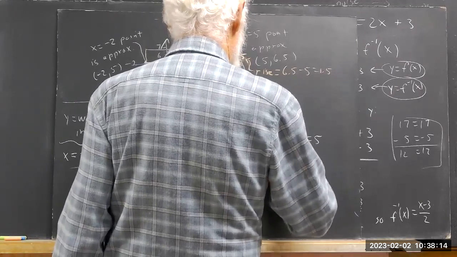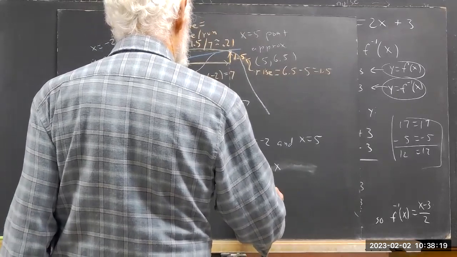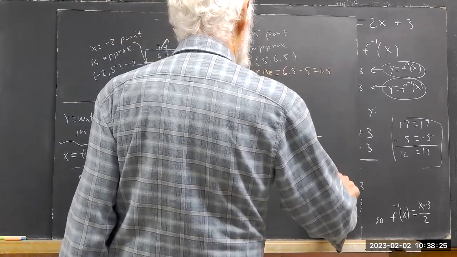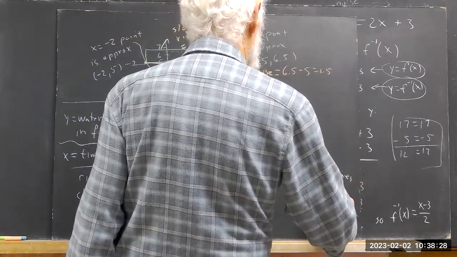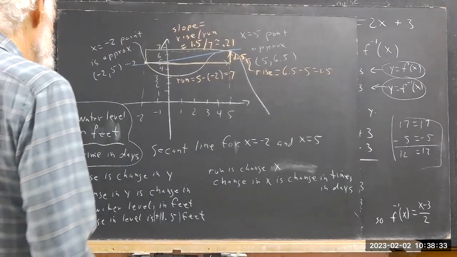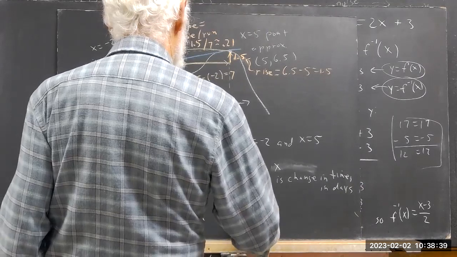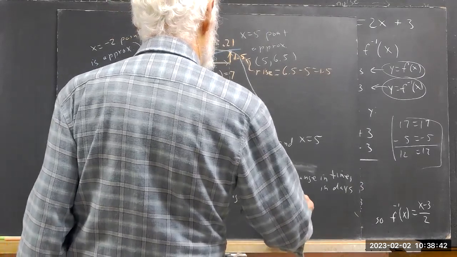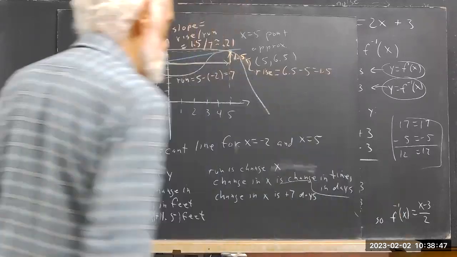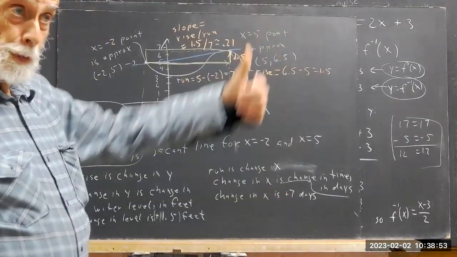Well, run is a change in X. Change in time, in days. Change in X is plus 7 days, right? We've got plus 7 days, plus 1.5 feet.